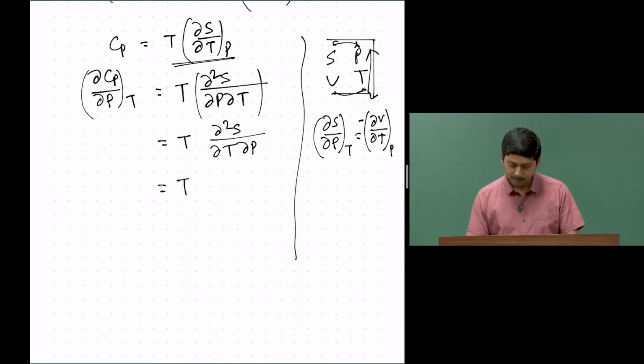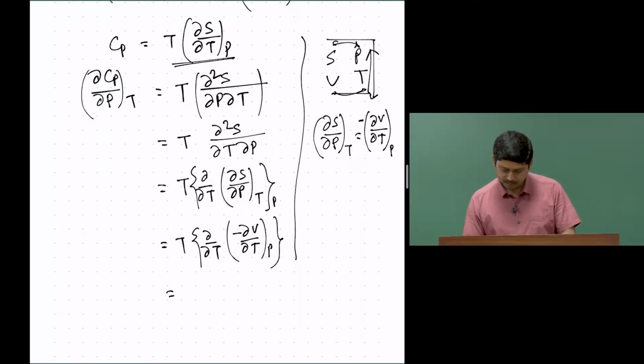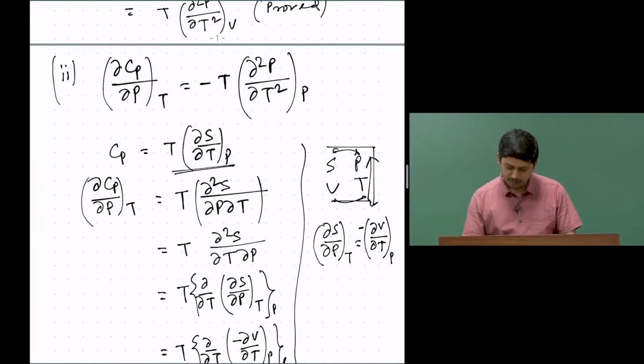So it will be T ∂/∂T of ∂S/∂P at a constant T, and the whole thing is at a constant P, which is T ∂/∂T, and ∂S/∂P at a constant T is minus ∂V/∂T at a constant P, and the whole thing is at a constant P, which is minus T ∂²V/∂T² at a constant P. No, but I think the question is given wrongly, it should be V, not P.